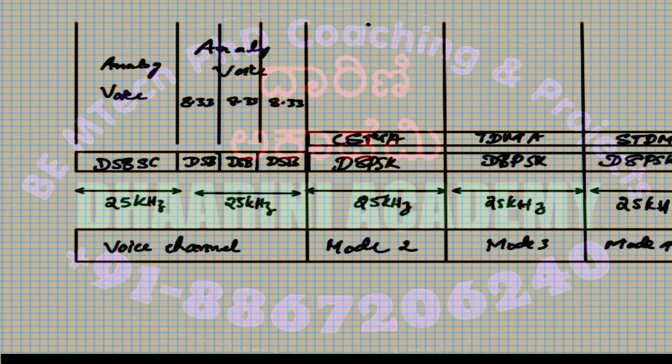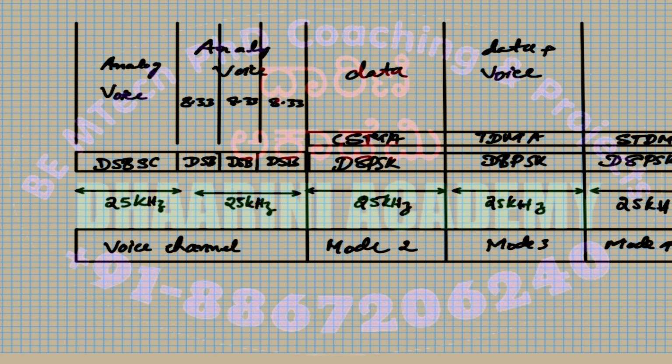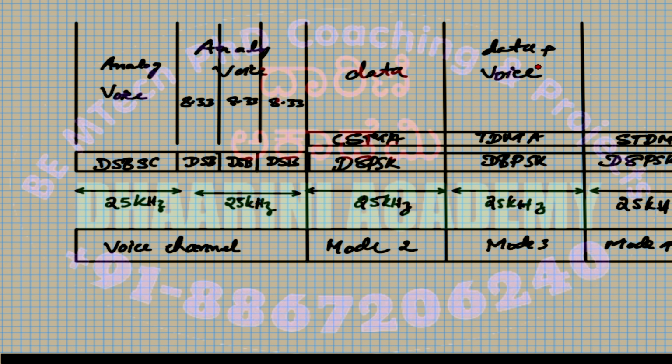Right. So normally this is data. Here it is data plus voice. So when this voice is used, you normally use these three channels, but only when you send without data.